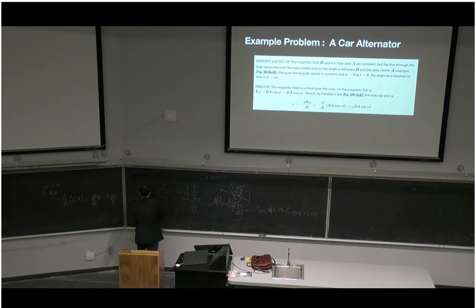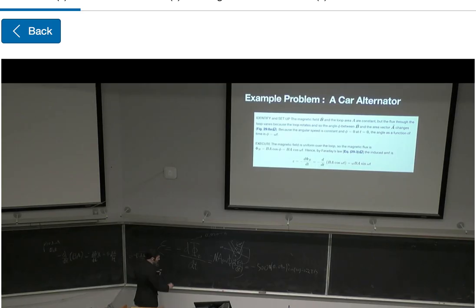Let's put the d by dt out front. Now we've got a constant B field, so that's not changing. B can come out front as a constant. I always like to take my constants when I'm taking a derivative and bring them out front. So that's going to be equal to minus B and then d by dt of A.